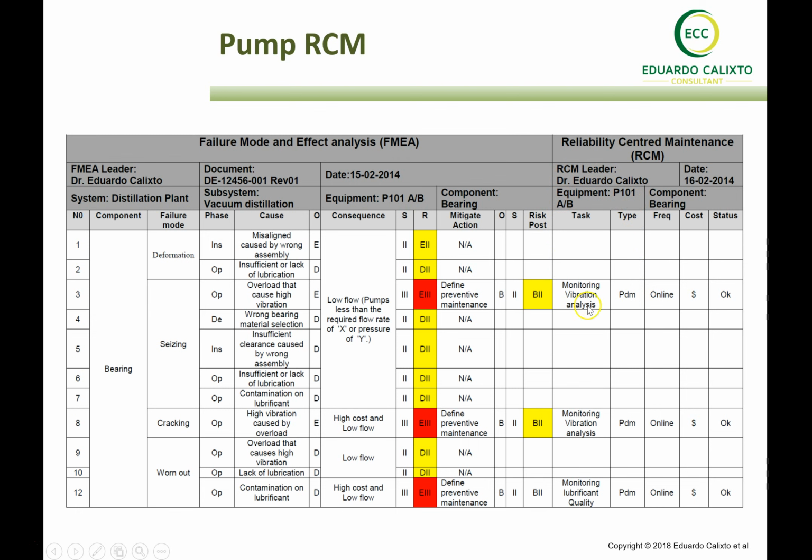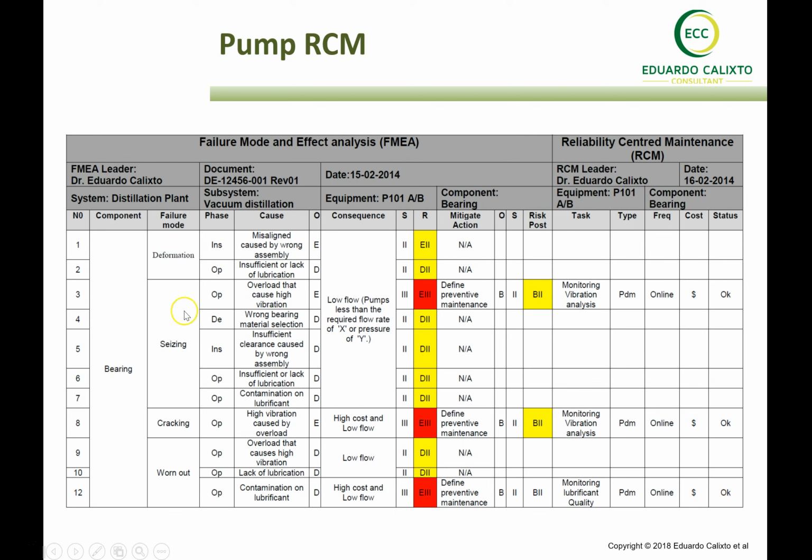That's clear when we define some task here: what kind of problem, failure modes we want to avoid, and how we are going to detect the cause that triggers the failure modes we are trying to detect.